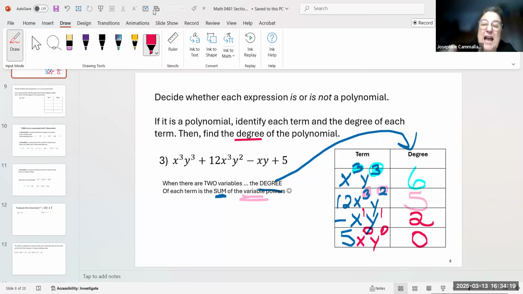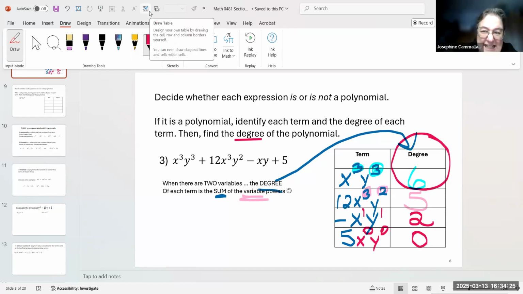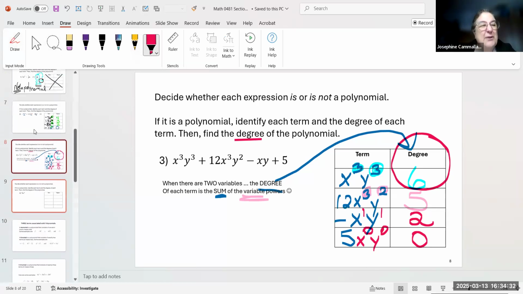So the degree of this polynomial is going to be 6, the highest power of the sum of the variables.